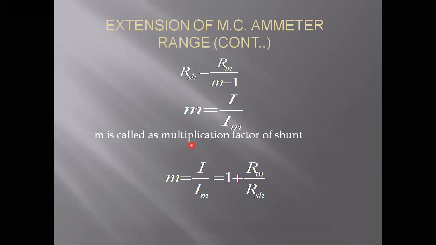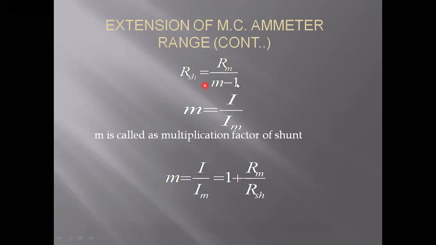And what is IM? The actual current flowing through the meter which is trying to measure the load current. So here I by IM is again given by 1 plus RM by RSH, simply by simplifying.